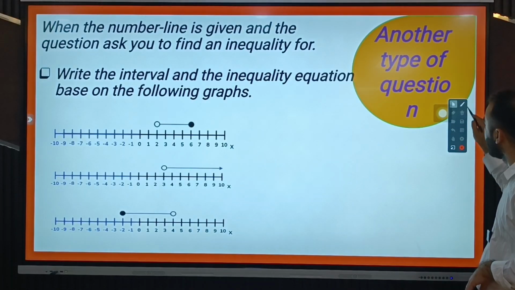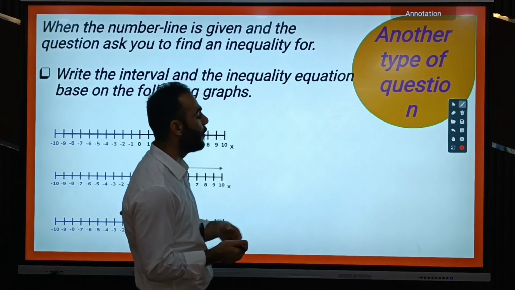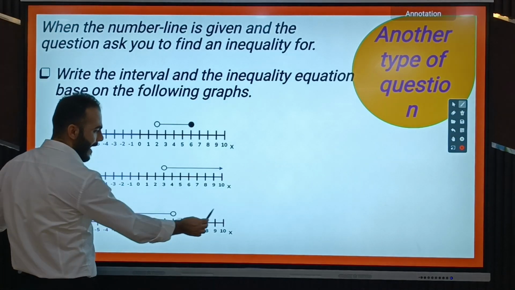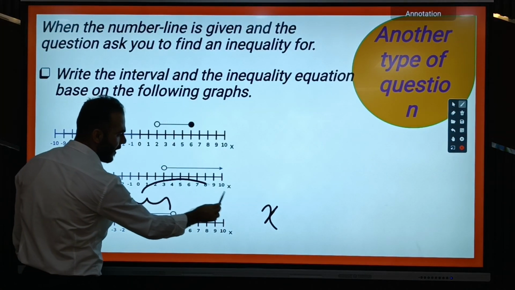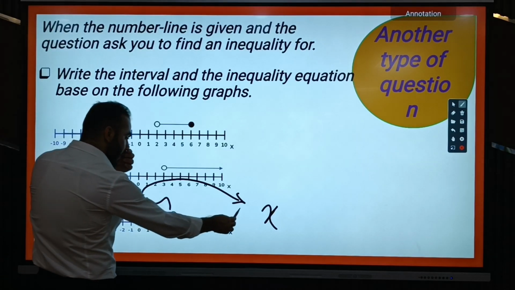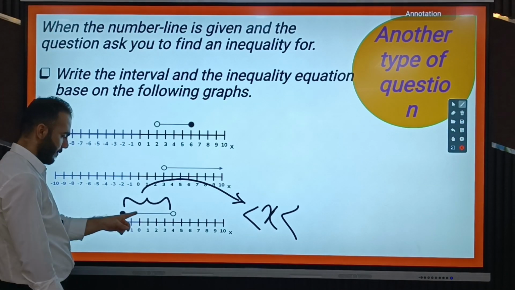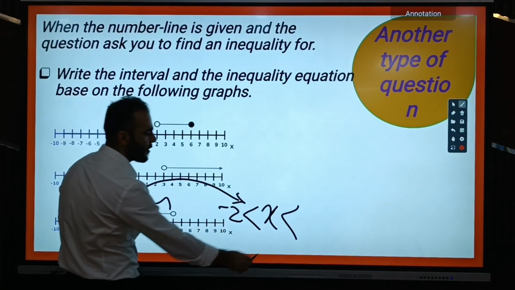The next one, the same story. I will do this one and I will leave the rest for you in order to not make the video longer. So our x, I said that line is the x. All the x's are greater than and less than two numbers. Here, from negative 2 to positive 4.